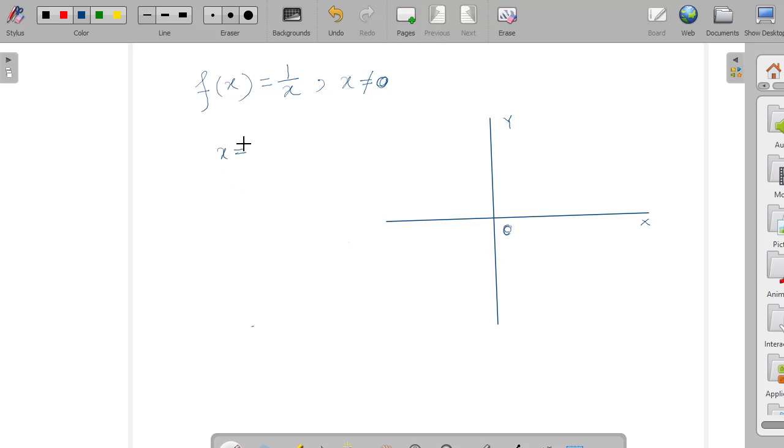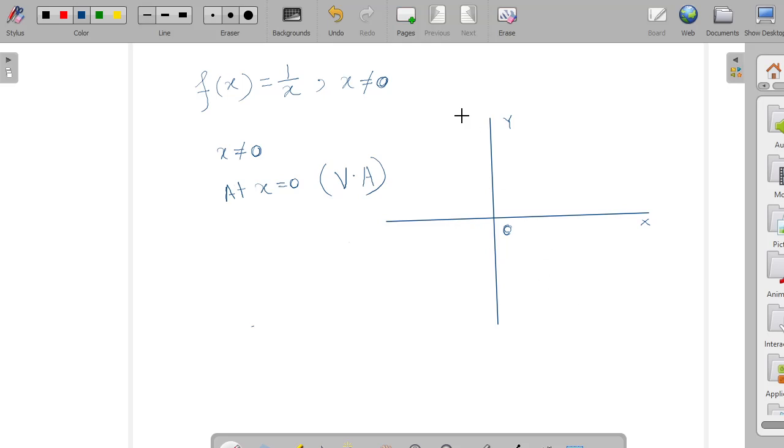x cannot be equal to 0. Therefore at x equals 0 we have a vertical asymptote, and that is the y-axis.